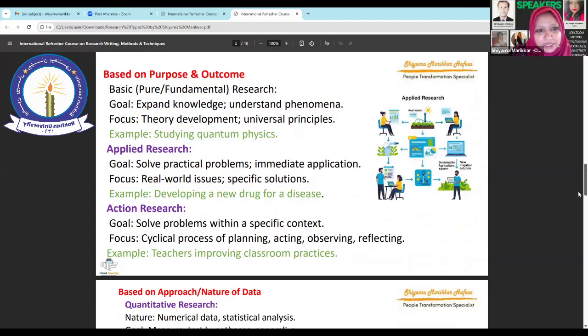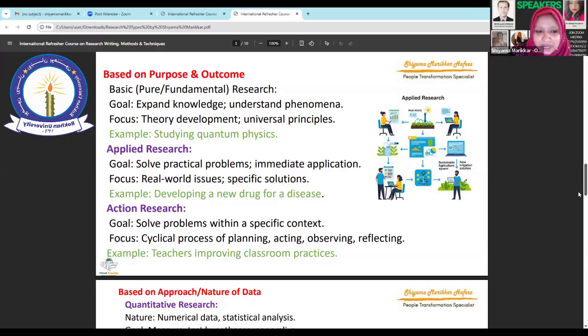So the goal would be to expand knowledge and understand phenomena. The focus will be theory development or universal principles, anything which is common and you are going to understand deeper. Example, studying quantum physics. This is already existing, but for your knowledge expansion, you are going to learn more about it and understand it more. That is basic or fundamental research.